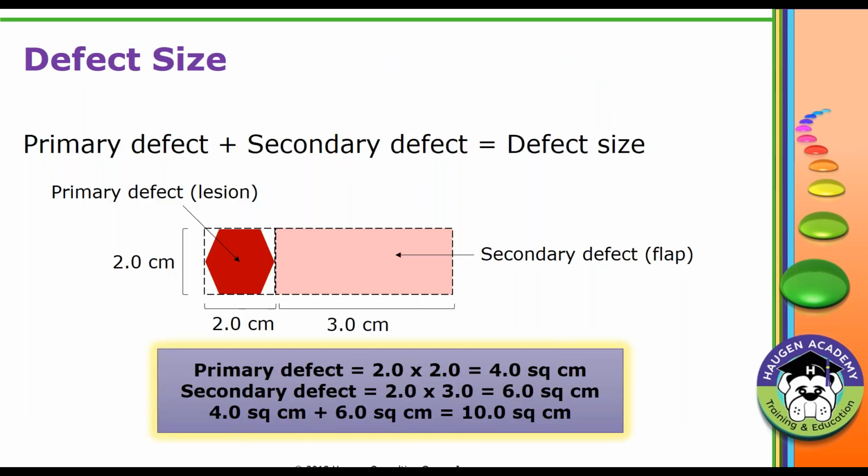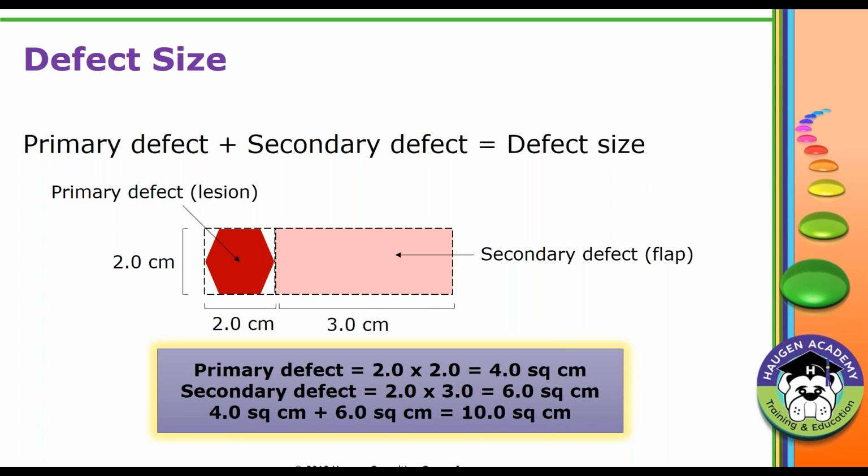And the defect size for the adjacent tissue transfer coding is a little bit different than what we talked about for our excision codes. So in the case of the excision with a type of adjacent tissue transfer, you can see here the dark red on the screen is going to be the primary defect, and that's going to be your lesion.